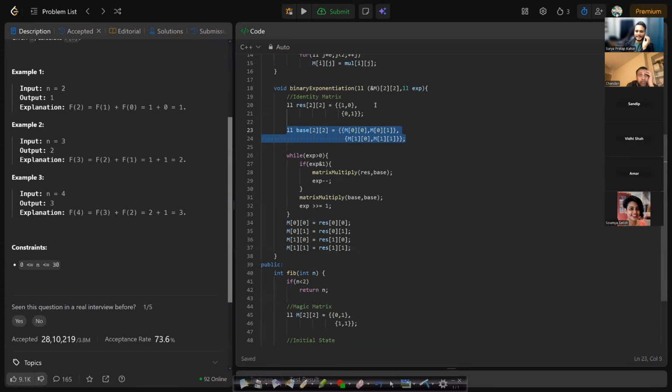Okay. This base is equal to M, exactly the same, so I'm just copy pasting it. But you cannot just directly assign here in C++. In Python, you can directly assign it. But here I have to assign each cell. It is the exact same thing.